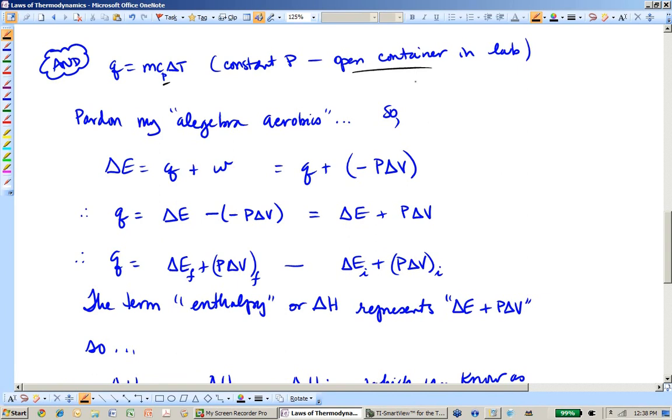So we're going to go through some algebra aerobics for me to derive something new for you. Here we go. Delta E is equal to Q plus W. That's not new; we've already said that.